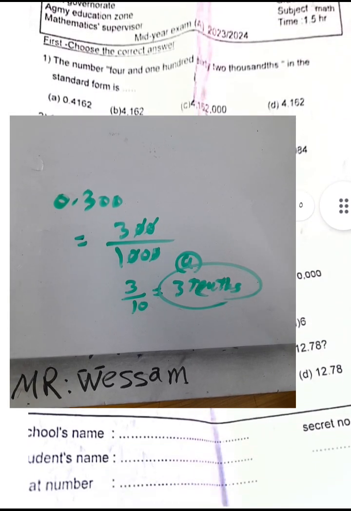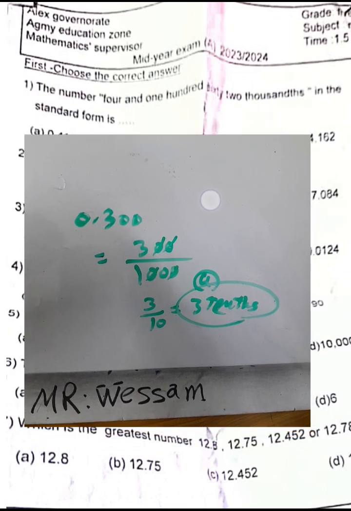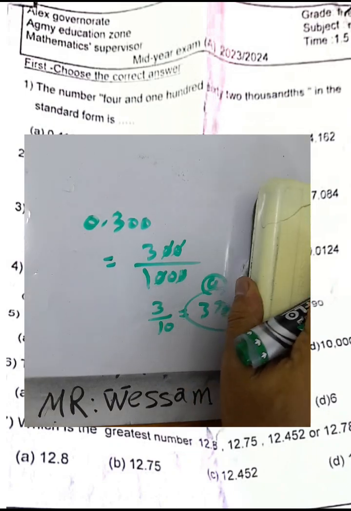Next question. The number 4 and 132 thousandths, right, in standard form what?